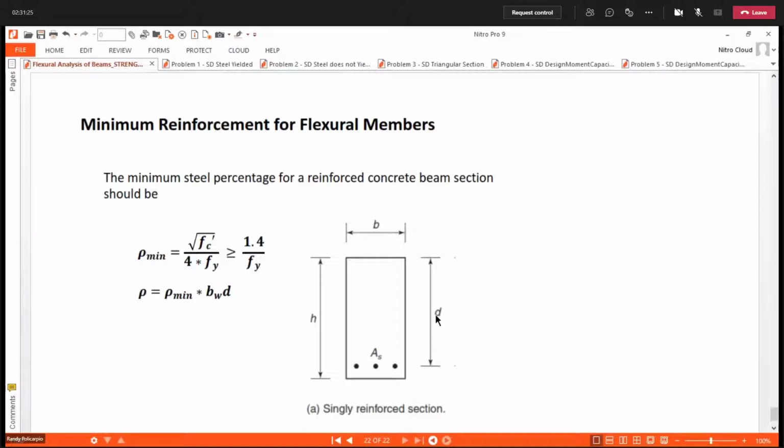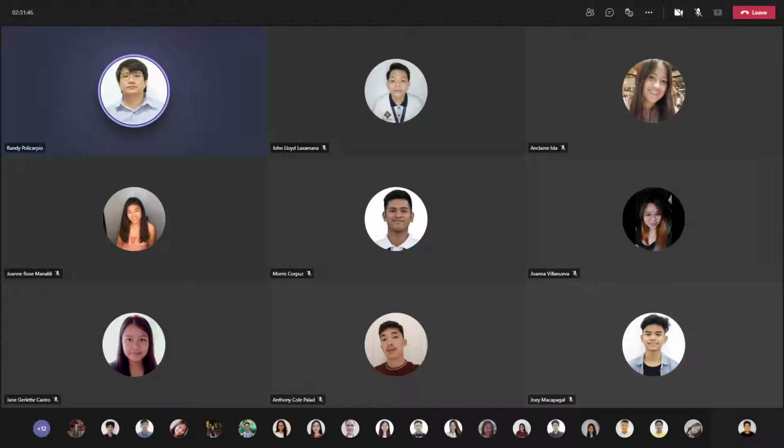Okay, with regards to the introduction of flexural analysis of beams using strength design. Okay, so I hope may natutunan kayo. I'm hoping na may napulot kayo about the strength design method.